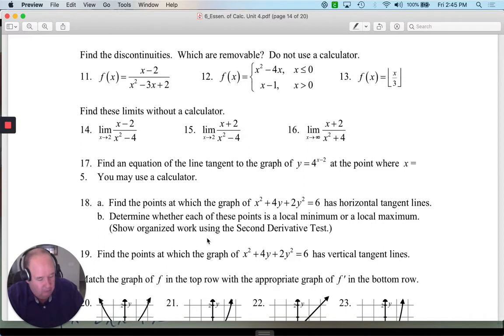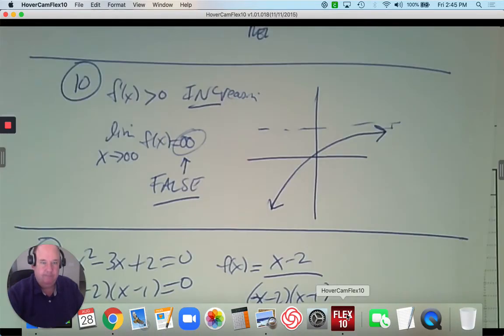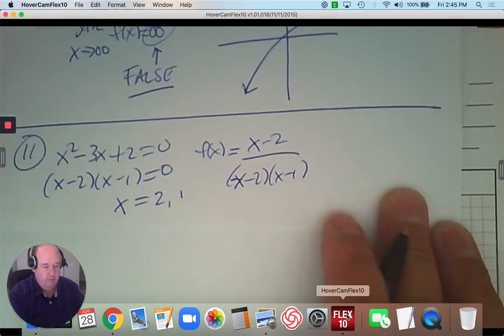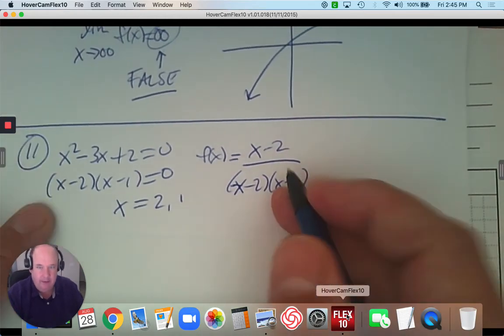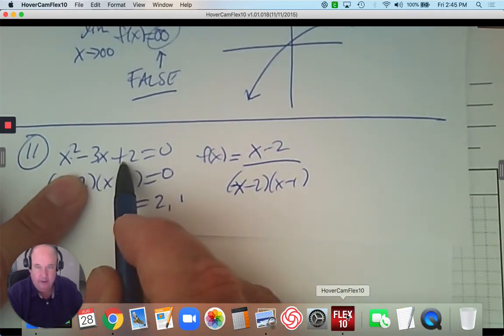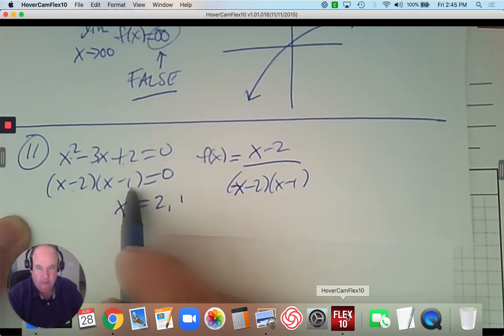And which ones are removable? Well, that one's a little bit more challenging. To see if they're removable or not, I have to put the factors back in. Let me show you the work I've done. If you take the denominator, x squared minus 3x plus 2, here are the factors, negative 2 and negative 1.